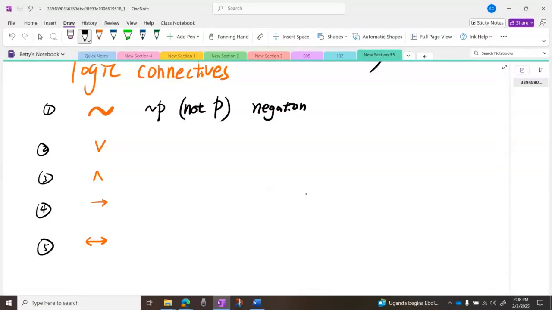And this notation, a small right-side-up v, connects two statements and gives us a disjunction. You start to know new things.